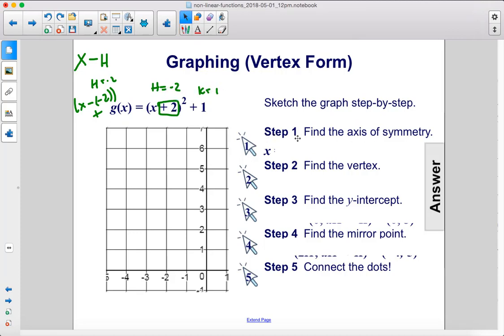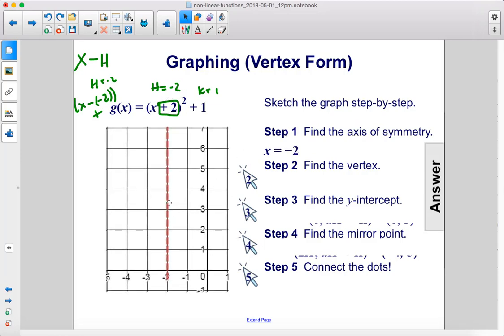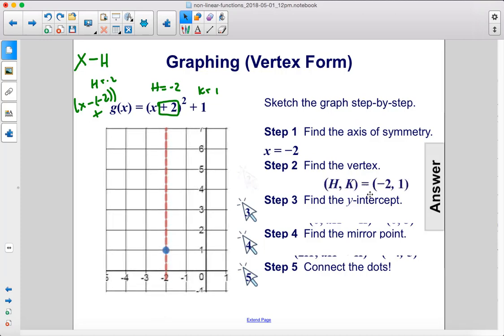So step 1, find the axis of symmetry. That's h of -2. So we draw a red dotted line at x equals -2. Find the vertex. All right, that's going to be (-2, 1), because this number over here is k and that is 1. So we draw a dot right at (-2, 1). Find the y-intercept.